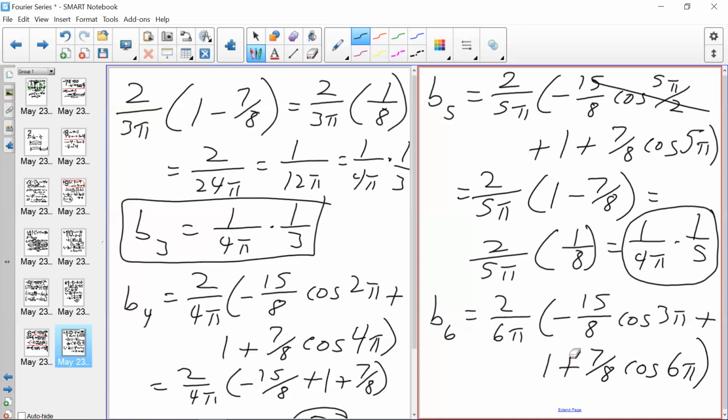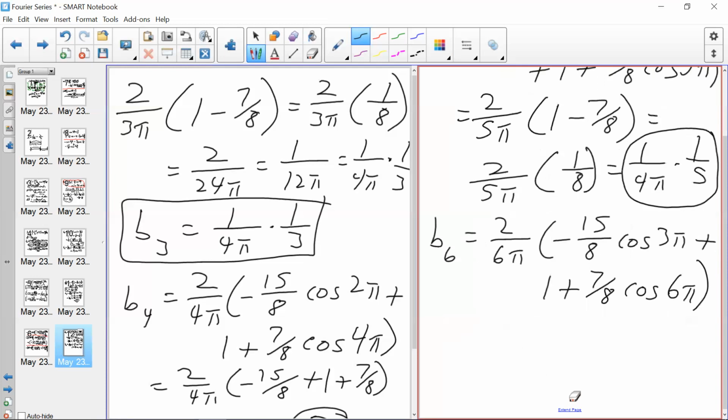And hopefully by now you can get the pattern. I'll leave a little bit of the algebra up to you to save time. But again, this was n equals 6, and 6 pi over 2 is 3 pi.